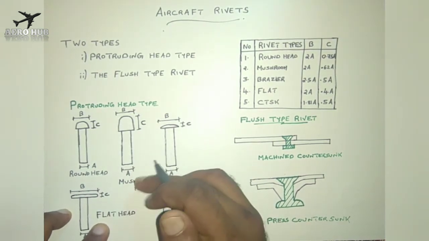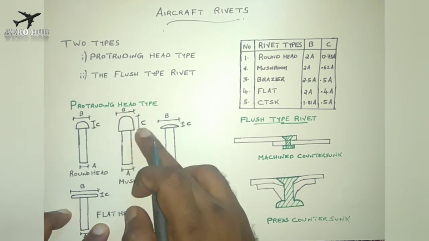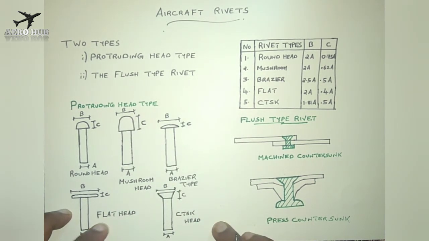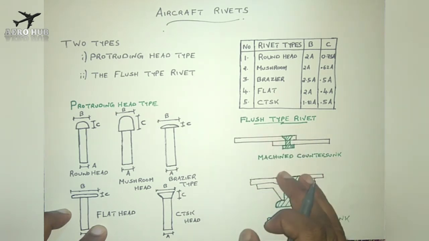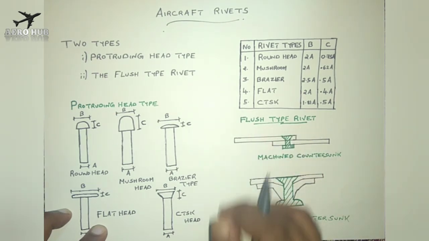You can see A, B, C for mushroom head, as well as for brazier type, flat head and countersunk head. These types of rivets find more application in today's aircraft. They also provide some amount of profile drag, and to reduce it we mainly use flush type rivets. We will come to that.